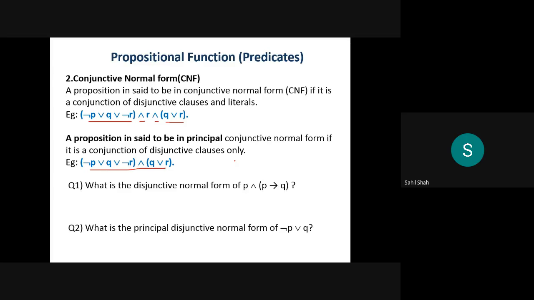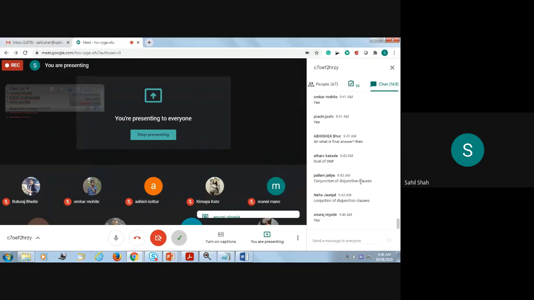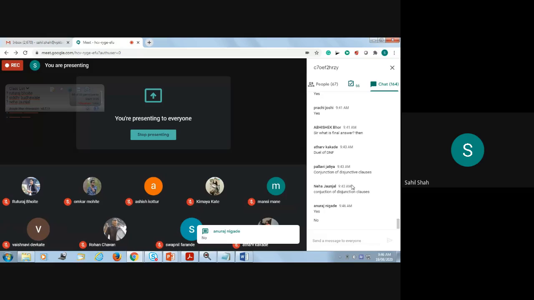Is it fine, or should I repeat something? Whether this definition is clear, whether this one is fine. I think this is also fine, no? If anything needs to be repeated, let me know. Which thing, Anuraj, should I repeat? No, okay, everything is clear.